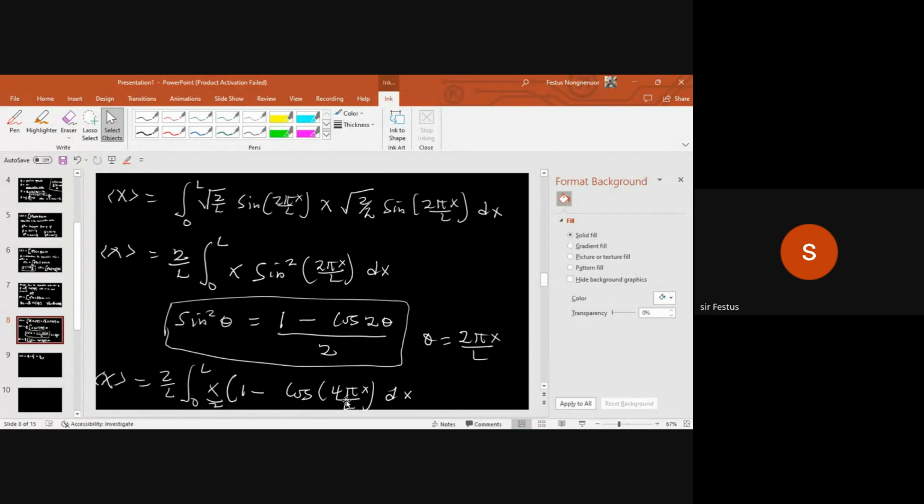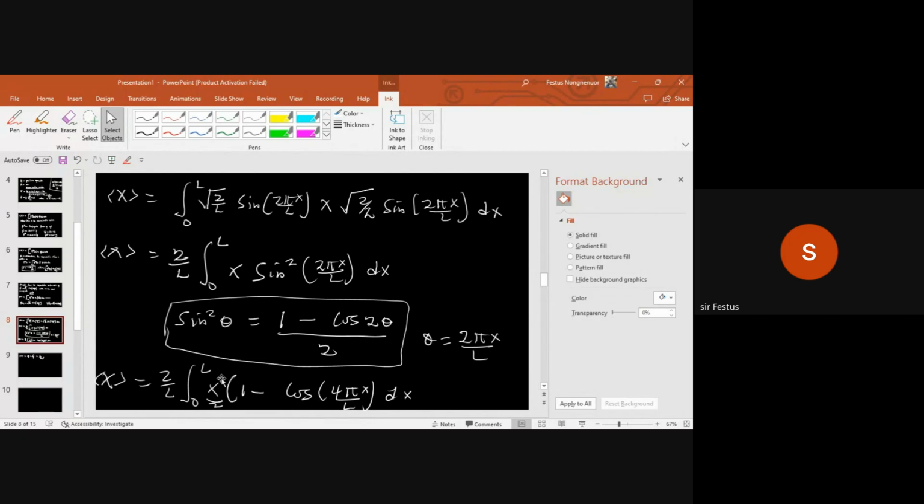Sine of 2 pi is what? 2 pi is 360, so sine 360 is 0. And 4 pi is 360 times 2, so sine 720 will give you 0 in that order. So you just ignore the sine part. Then whatever will be left here will be x times 1, which is x over 2.